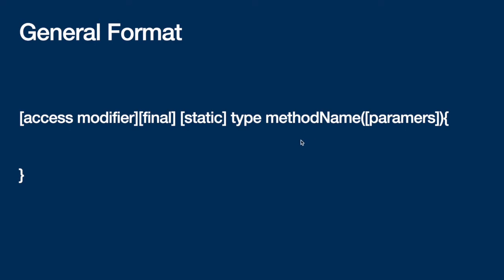It doesn't complain if you make it small or capital. Then, in parentheses we have parameters. Parameters are optional. You can have parameters, or if you don't need them, you might not have parameters. Then the implementation is included in between curly braces. We'll discuss every component and other concepts in Java methods.